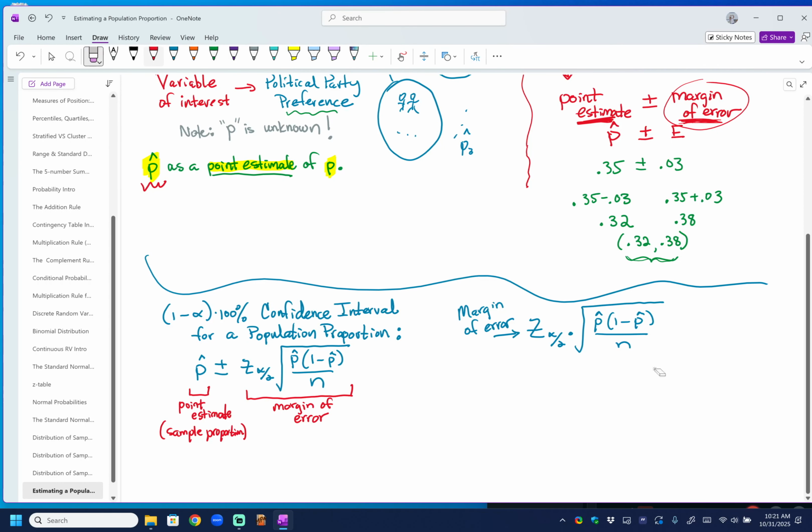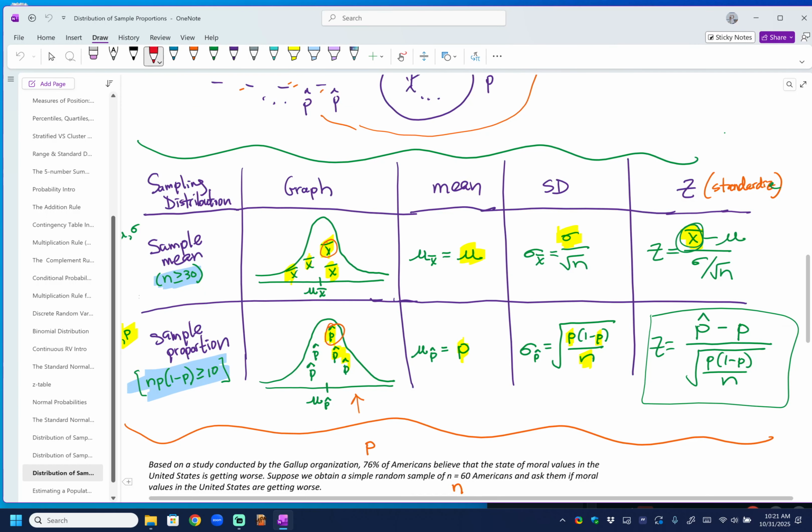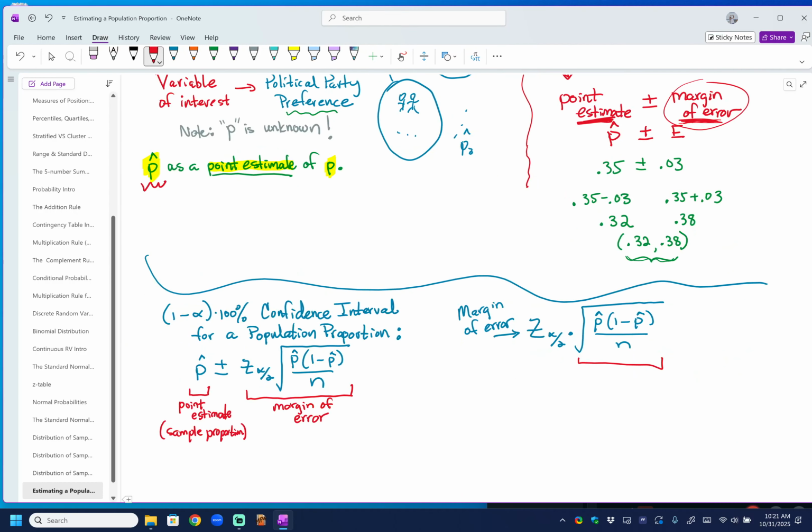If we go back to the previous lesson on sampling distribution of sample proportions, if you recall, the sample proportion had a standard deviation of this, square root of p times 1 minus p over n. So that is almost exactly the same as what we have here. The only difference is that we're using p hat instead of p.